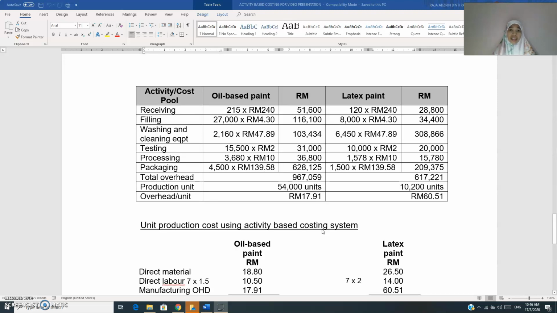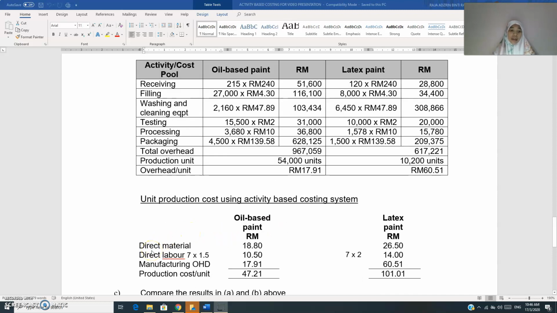Now you have to calculate your unit cost, or unit production cost. Therefore, you have to add your direct material. Again, direct material and direct labor, as I mentioned previously, remain the same whether you use traditional or activity-based costing. The difference just lies in your treatment of overhead.